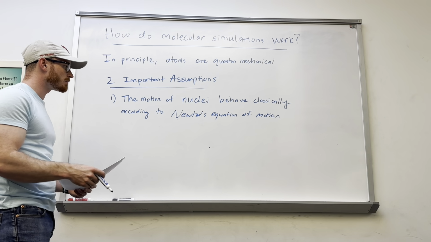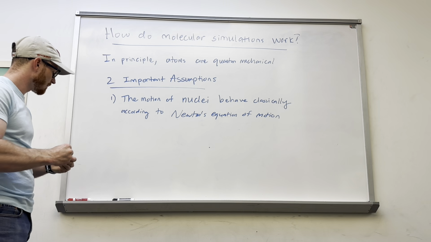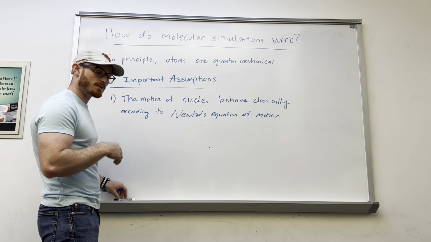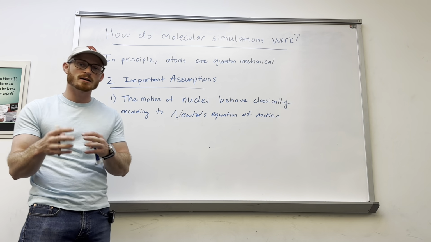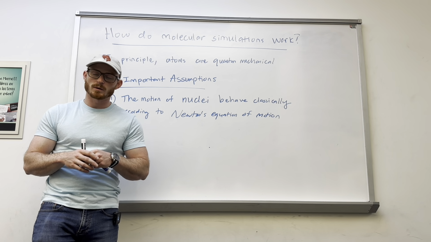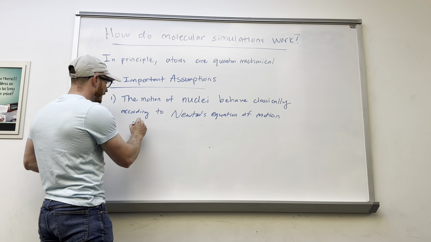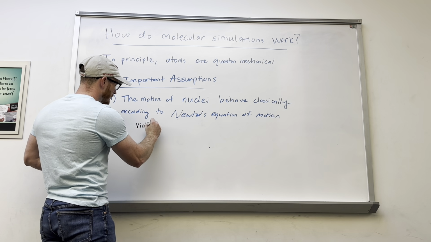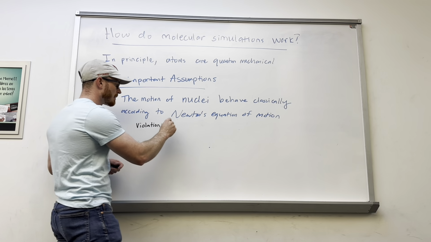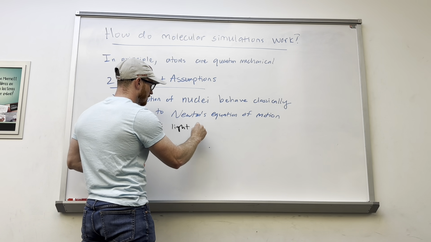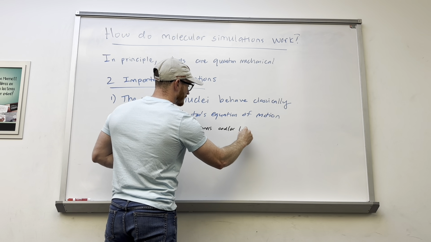Now, when would this be violated? Well, there are a few instances, but one example is if you have things like hydrogens in your system, they will actually behave quantum mechanically, and we will need to keep track of that for certain applications. So a violation of assumption 1 will happen in light atoms and/or low temperatures.